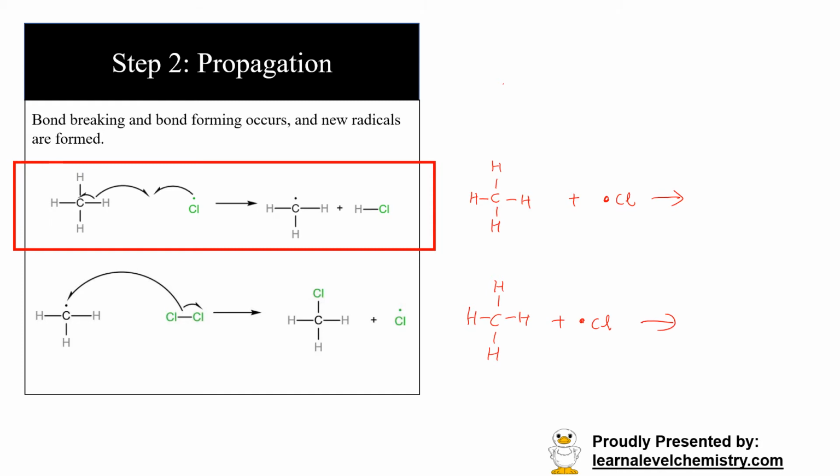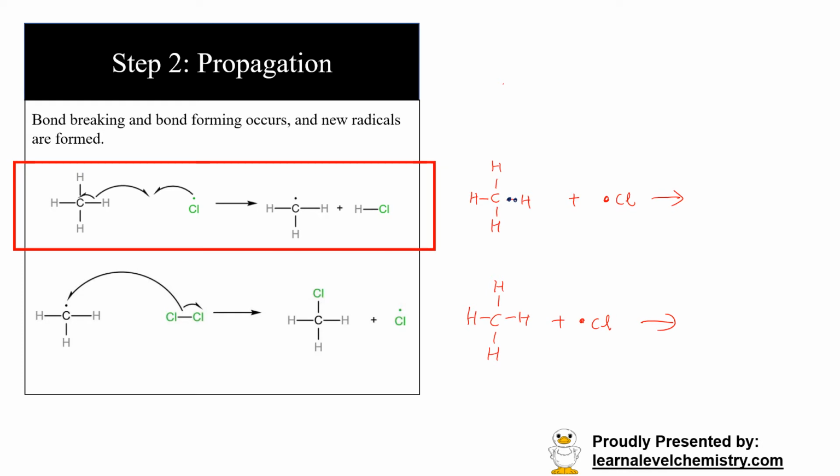Now let's look at this one here. In the actual reaction, there are 2 electrons here in the CH bond.